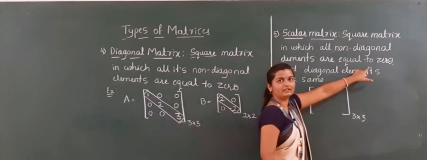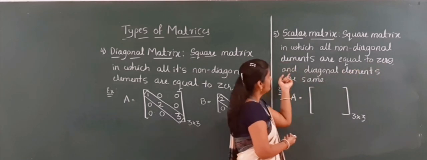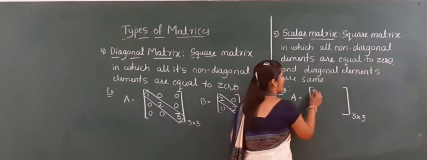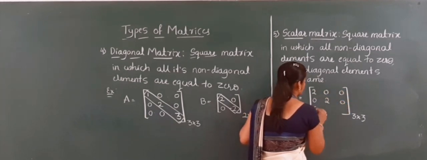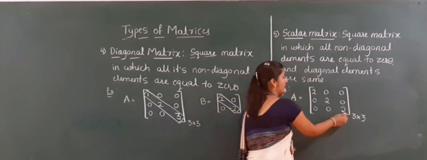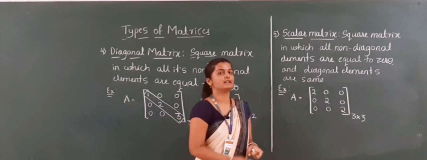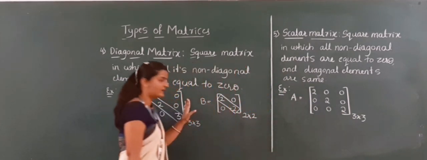Up to this, it looks the same as a diagonal matrix. Okay, and diagonal elements are the same. So I will write like this: 2, 0, 0, 0, 2, 0, 0, 0, 2. Tell me whether this is a scalar matrix or not. Yes, this is a scalar matrix. Just compare the scalar matrix to the diagonal matrix.